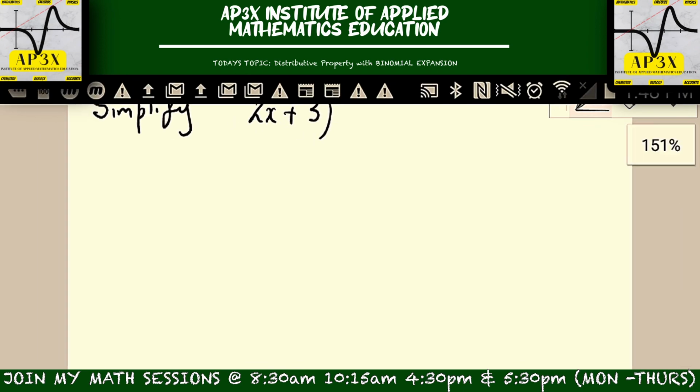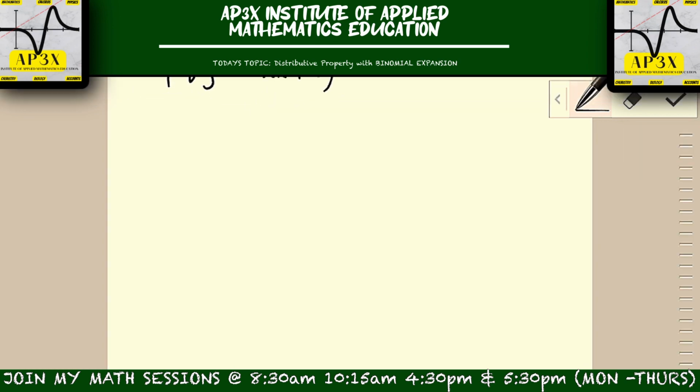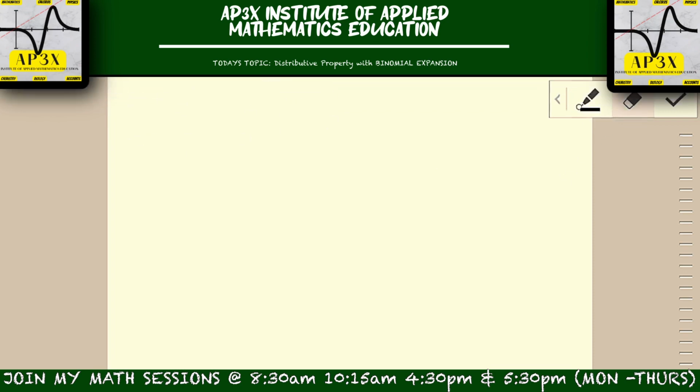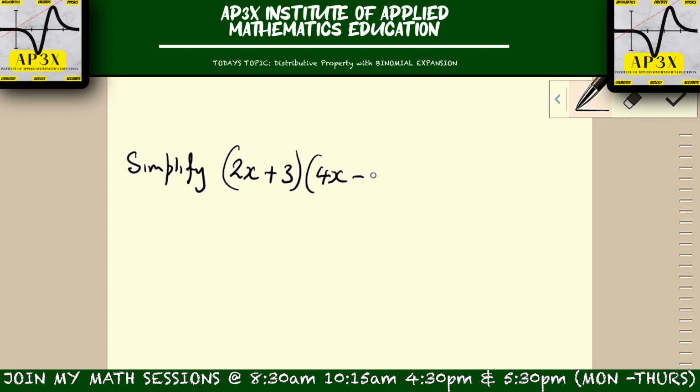Let's keep it simple first. 2x plus 3 multiplied by, I think this is getting in the way, so let's come down here a little bit. So let's say that you're asked to simplify 2x plus 3 by 4x minus 2.